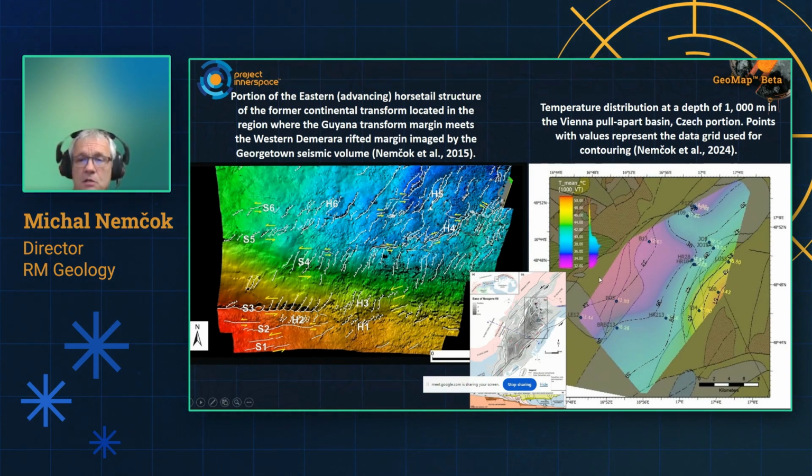And you can see that the temperatures are cooler here, and we are at 1 kilometer depth. Then colder water comes down, sweeps the heat, if there are solubles in it, and eventually comes up in a discharge region, which in this case is a local high.